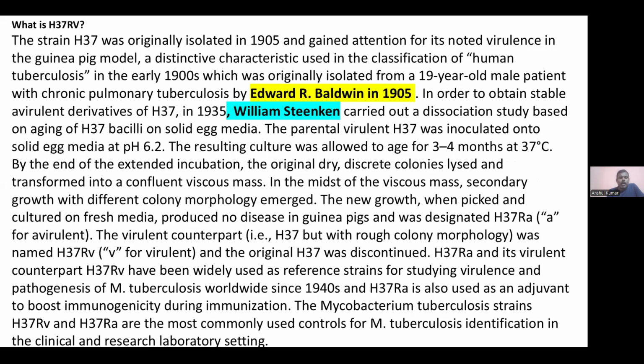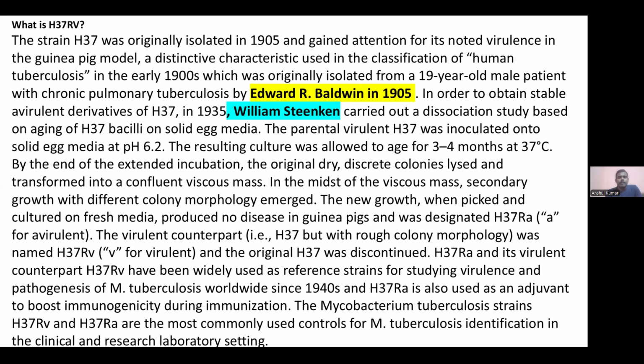So dating back to the history, the strain H37 was originally isolated in 1905 and gained attention for its noted virulence in the guinea pig model, a distinctive characteristic used in the classification of human tuberculosis. In the early 1900s, it was originally isolated from a 19-year-old patient with chronic pulmonary tuberculosis by Edward R.